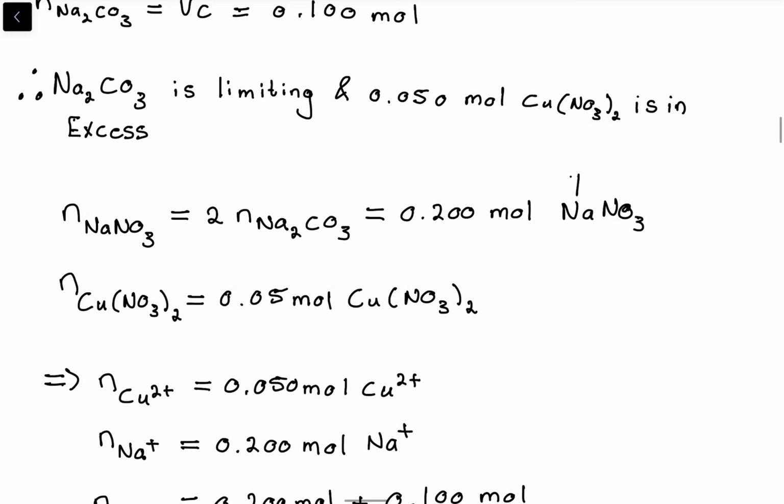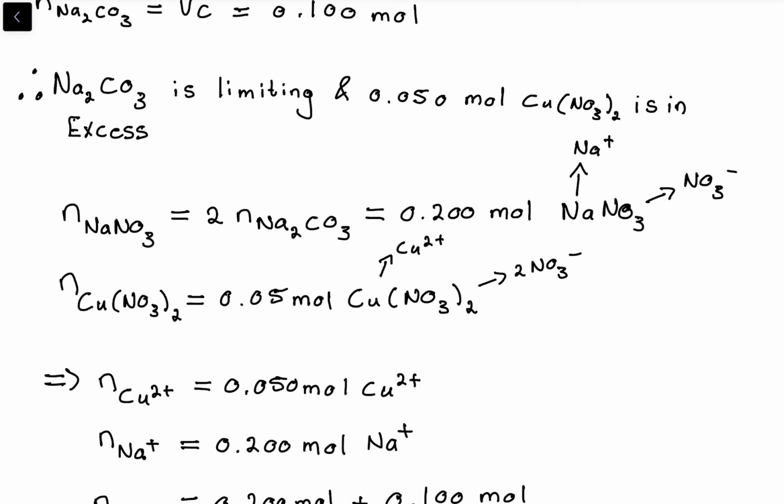Okay, and then we want to determine how much of each of these contributes the ions. So from sodium nitrate, we get 1 sodium ion and 1 nitrate anion. From copper nitrate, we get 1 copper 2+ ion and 2 nitrate anions.